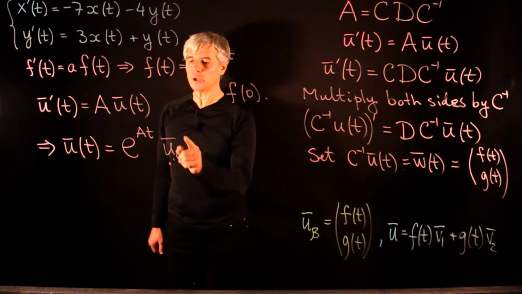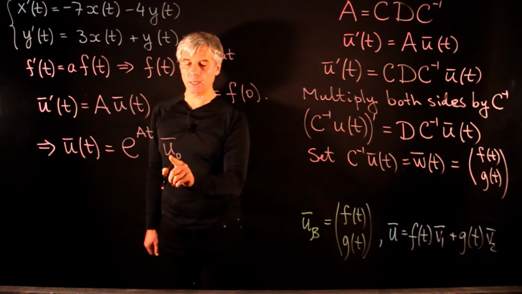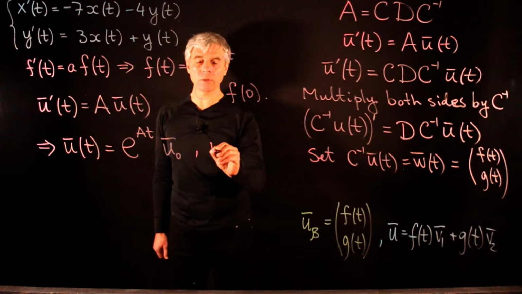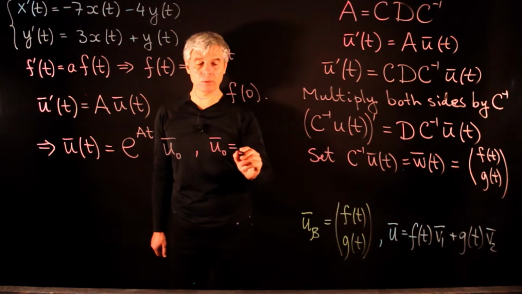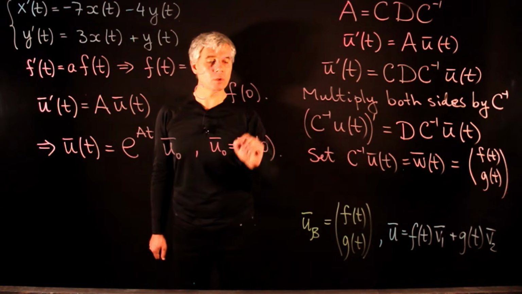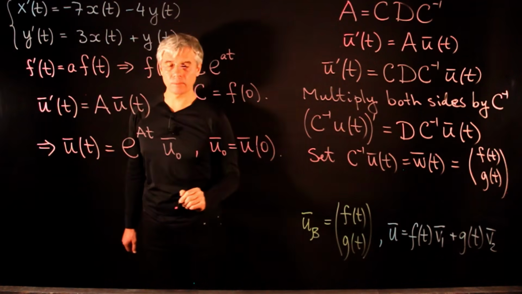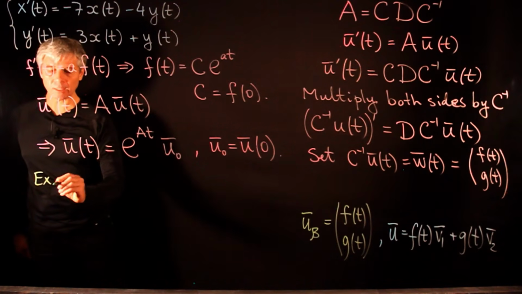Now this solution involves exponentiating a matrix, and this vector u0 is the vector of initial data. So this means that this is the value of the function u at t equals 0. Now let us discuss how we can exponentiate a matrix.